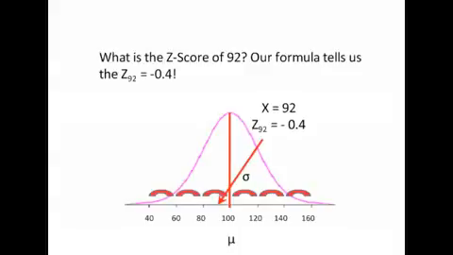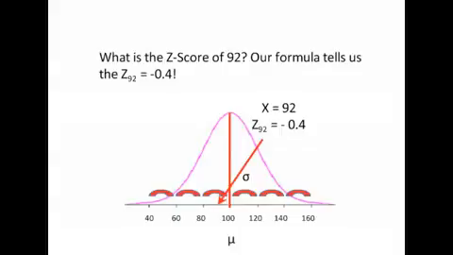Now look at our picture again. Our formula tells us that the z-score of 92 is negative 0.4. So that little data point of 92 that the arrow is pointing to has a z-score of negative 0.4.